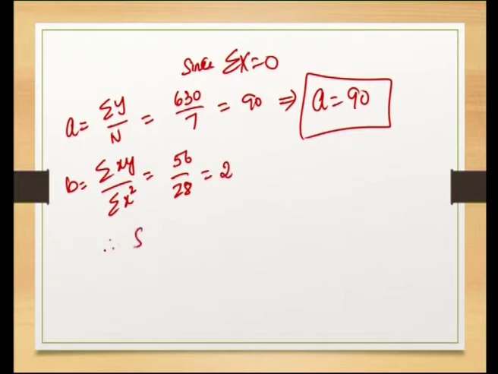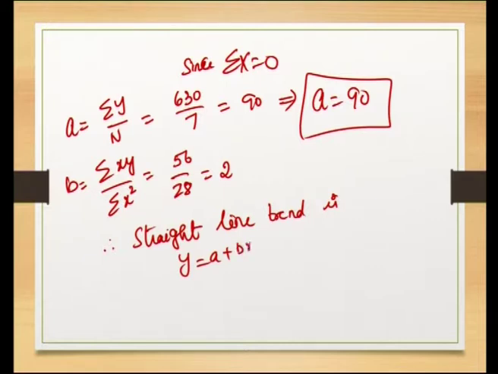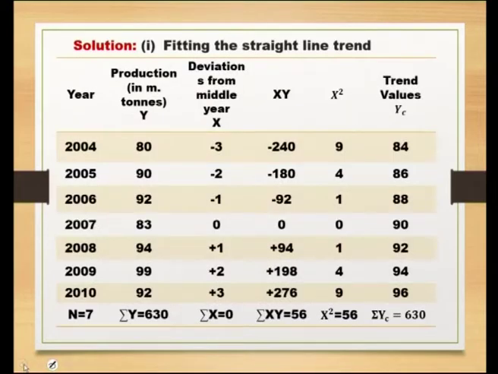Now, therefore, the straight line trend is y is equal to a plus bx, therefore y is equal to 90 plus 2x. Okay, this is the trend equation. Using this trend equation, we have to calculate the trend values. 90 plus 2x, right?